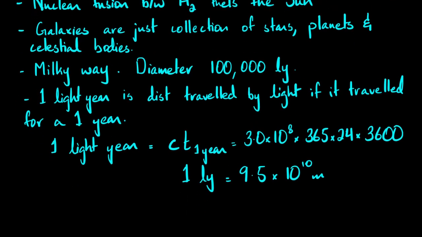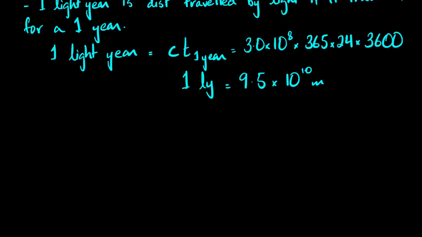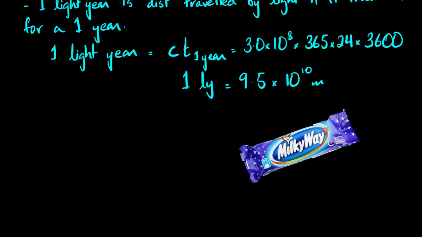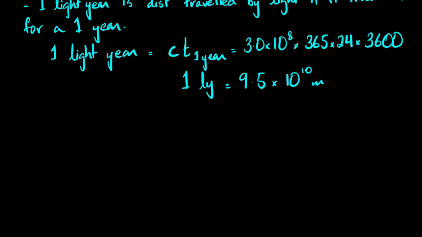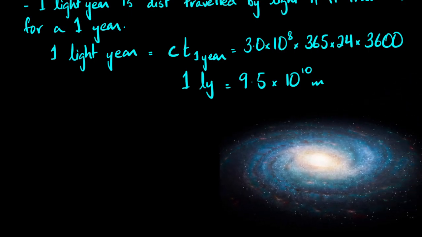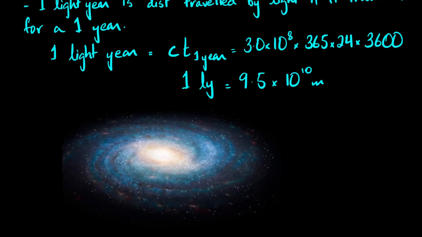Let me just quickly pull up a picture of the Milky Way for you. So this is the Milky Way. If I were to roughly locate where we are, where our solar system, the sun, the earth, all of these distances obviously seem pale in front of this large distance of 100,000 light years.